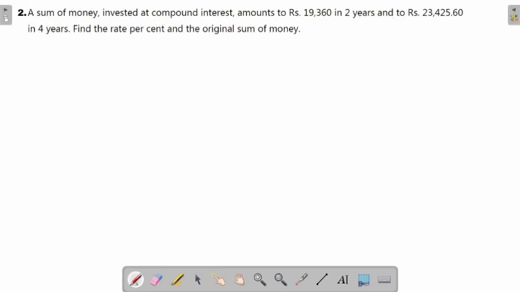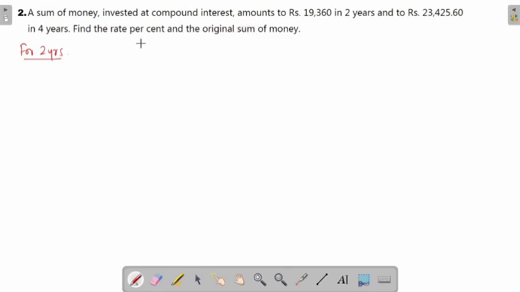For 2 years, you have been given the amount. Time is obviously 2 years, and the amount becomes this much. You have to find the rate and the principal, so you don't know the rate and principal.